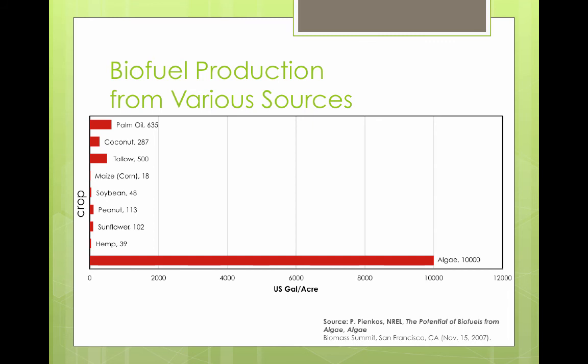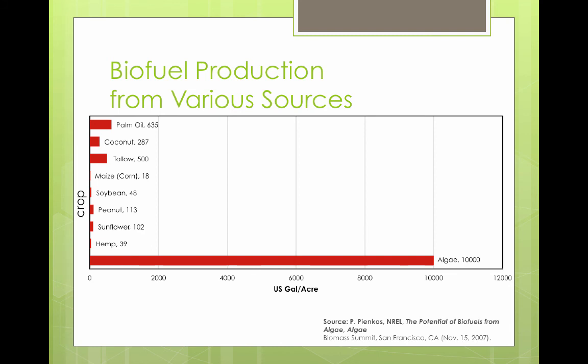So if I plant an acre of corn, I can only expect to have maybe 18 gallons of oil per acre of corn that I planted. But if I dedicate an acre to algae production, I can expect a possibility of 10,000 gallons of oil coming from that acre.